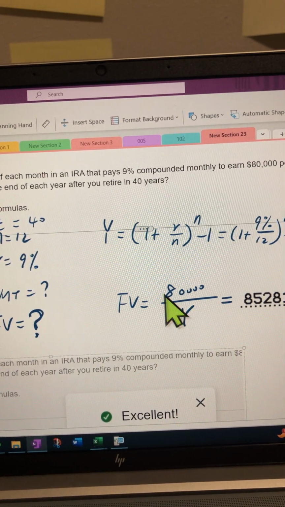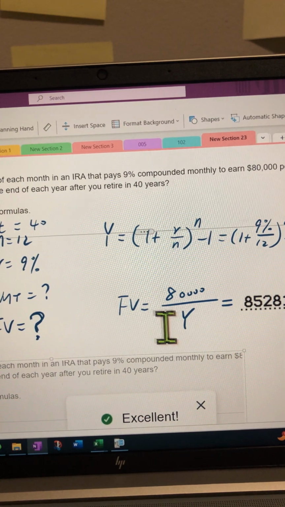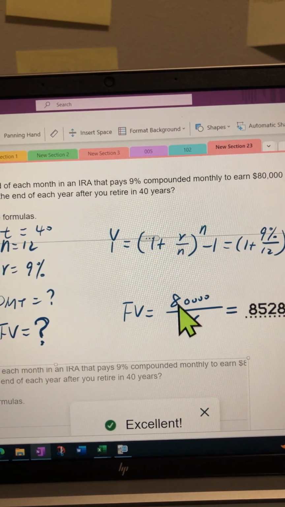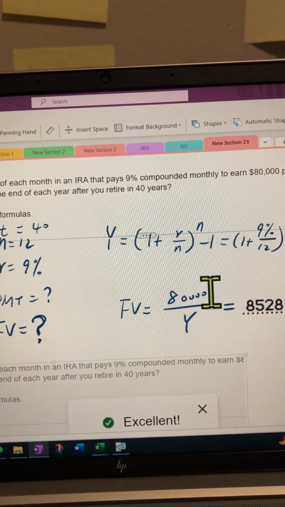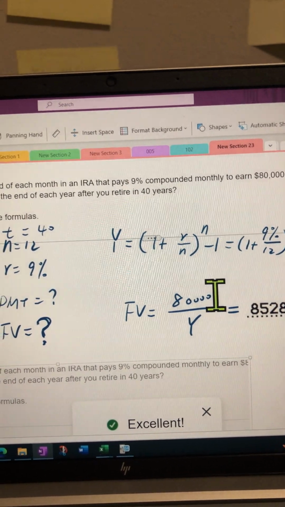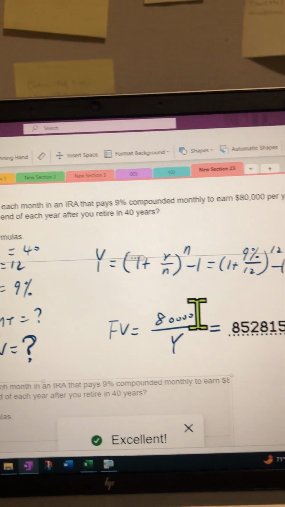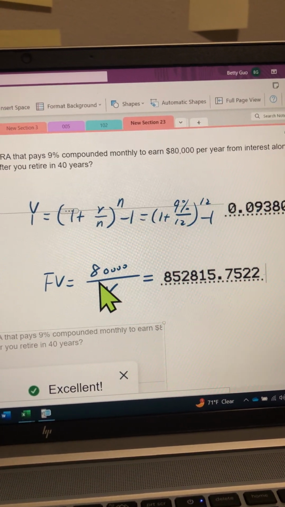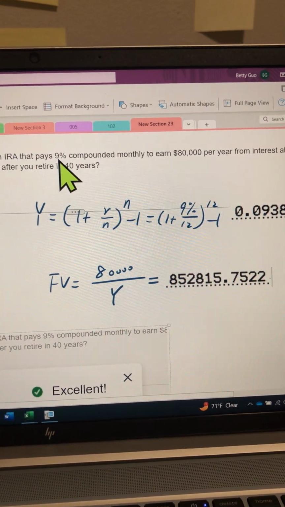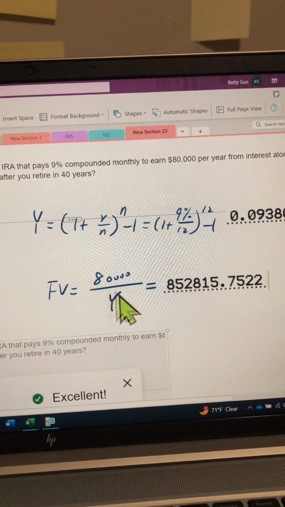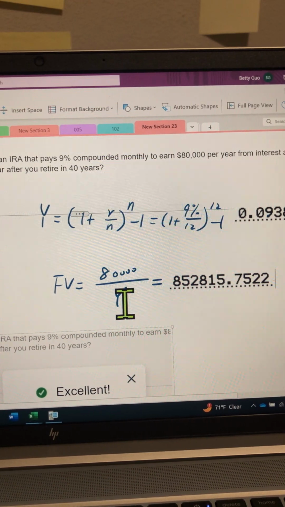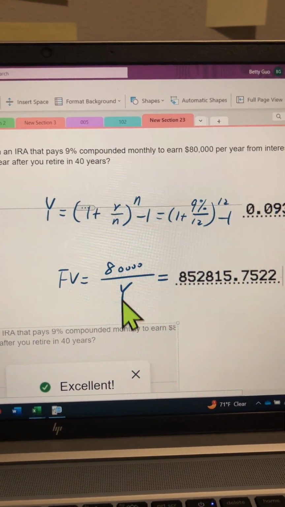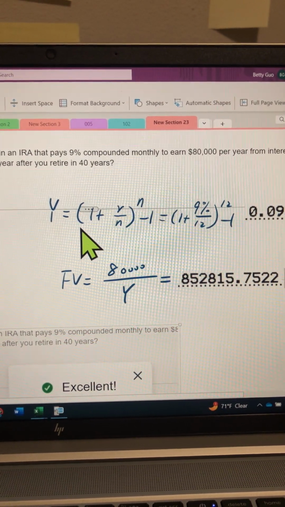So we need to find out what kind of interest in order for the guy to have 80 grand annual interest. So we need to figure out the interest rate. The tricky part is students use 9% right here as the denominator and end up with the wrong answer. Here the interest is supposed to be the effective rate.